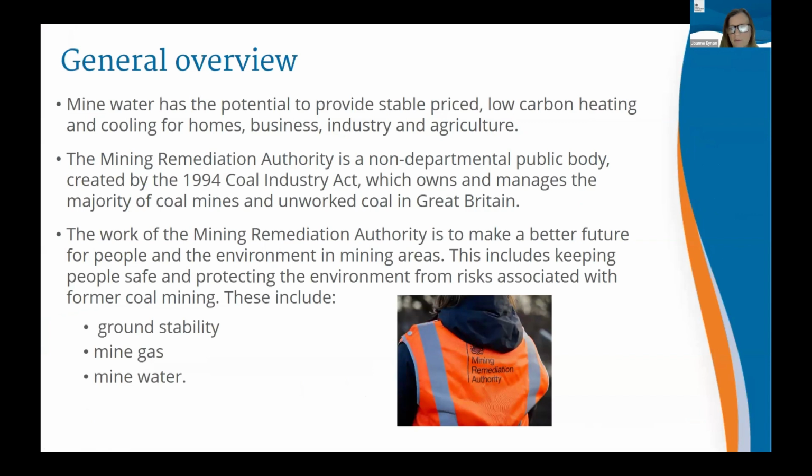A core element of that is keeping people safe and protecting the environment from risks associated with former coal mining. These include those associated with ground stability, mine gas and mine water. We've had a number of presentations today that have touched upon elements of these and how these have been incorporated and reviewed within different schemes, not just in Great Britain.